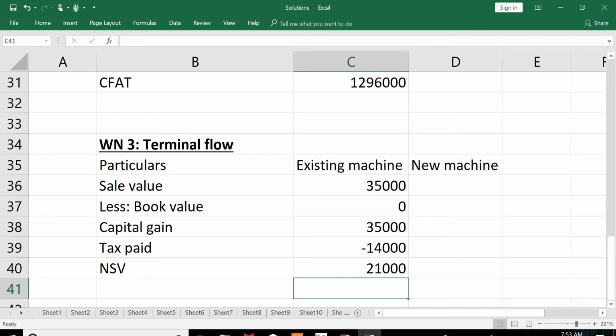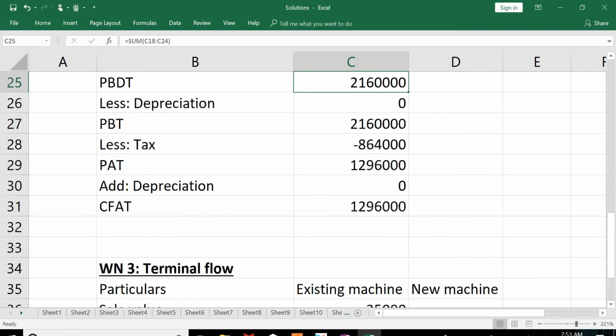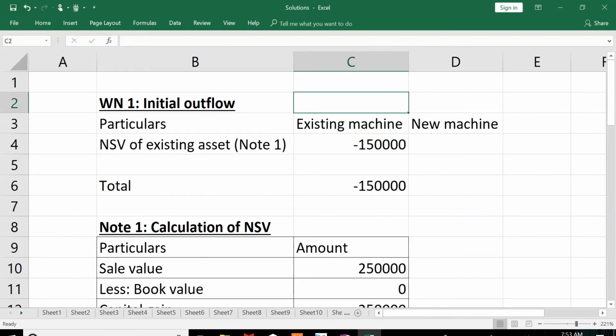I am going to repeat all of this now for the new machine. The entire stuff is going to be repeated for the new machine. Clear? Any doubts on the existing machine analysis? Let us go to the initial part. Step 1. Now, instead of starting with NSV, we will start with capital expenditure.